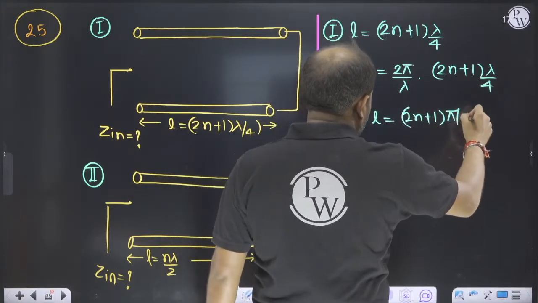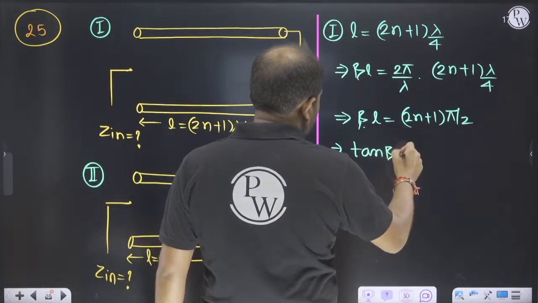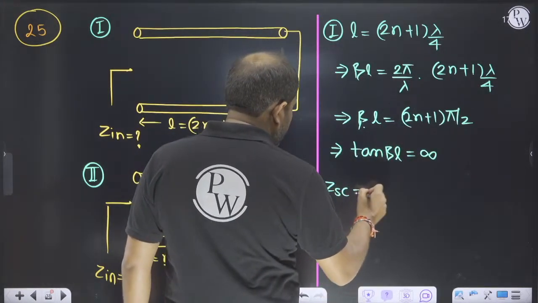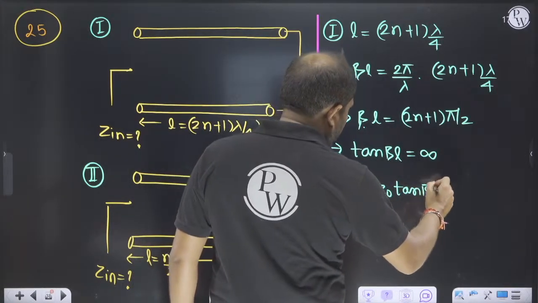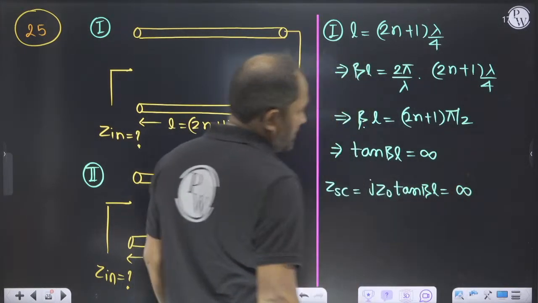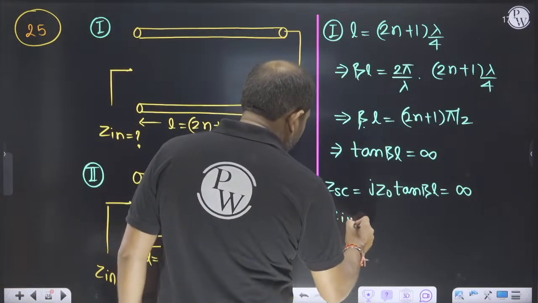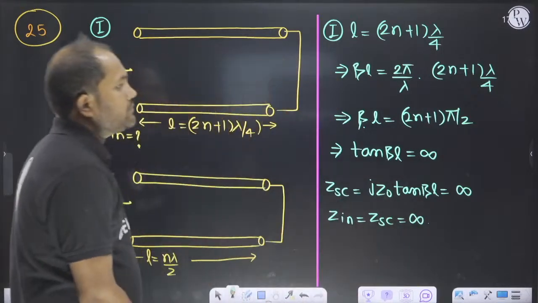So tan beta L will be equal to infinite, because in case of pi by 2, 3 pi by 2, tan theta is infinite. ZSC is equal to JZ naught tan beta L, so it is infinite. So Zn will be equal to ZSC, and ZSC is equal to infinite.